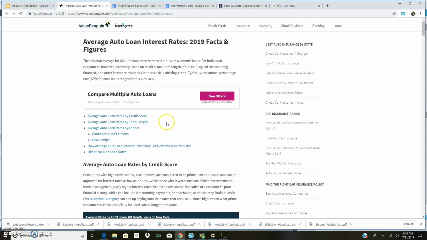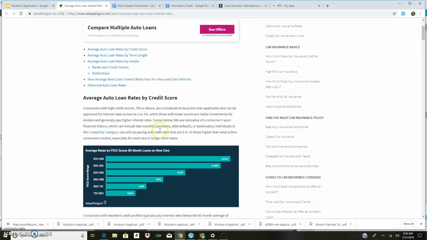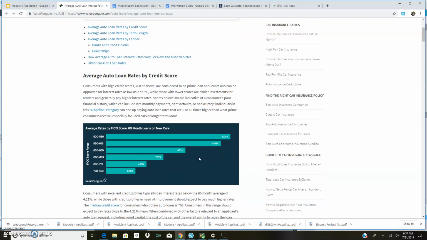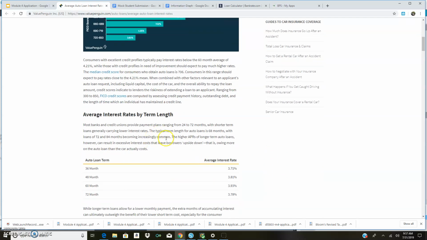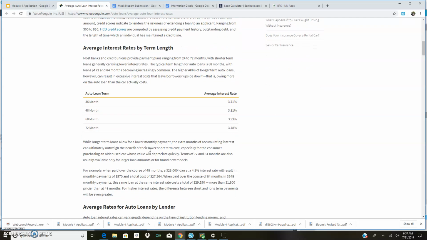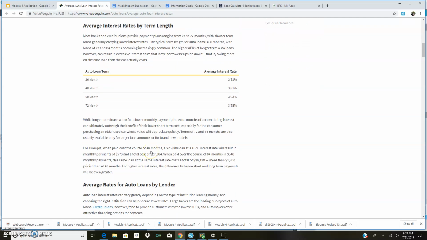And this website is actually very, very good. It shows the first 60-month loan for a new car, very good credit versus not so good credit. It also goes through how long loans are and how that affects your interest rate. So it's a very useful tool for them to use.